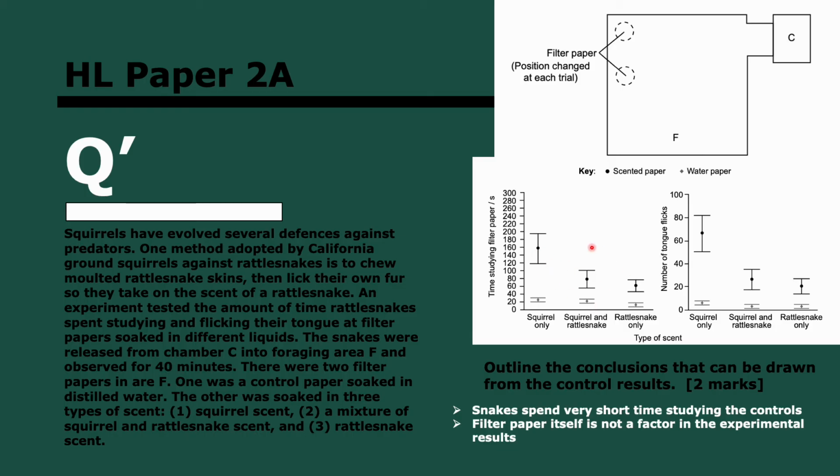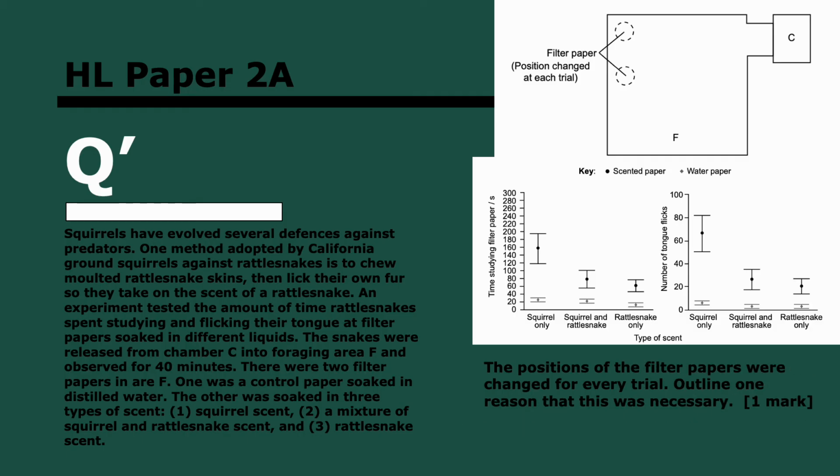And that's a good thing, because that means that the filter paper itself is not a factor in the experimental results. So the filter paper is just a way to do the experiment. We actually don't care about the filter paper itself. And actually, ideally, we would have squirrels, but for ethical reasons, I imagine they used filter paper. So we want to make sure that it's not that the filter paper itself is attracting the snakes. Hopefully that makes sense.